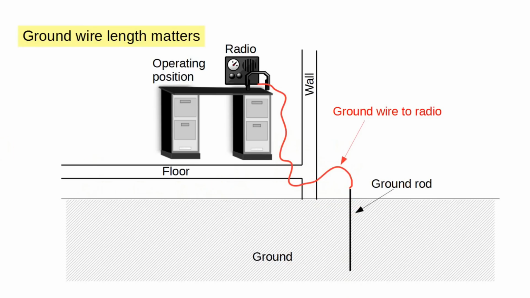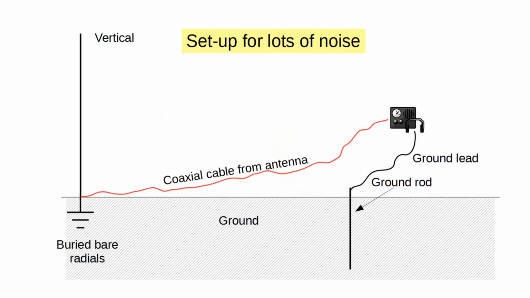Now here is an example of something that actually happened to me. I had rehabilitated a vertical, the HF9V, and it had some buried bare radials, which gave it an excellent ground. Plus I had a whole bunch of insulated radials on the surface. I thought this is going to be one fantastic antenna. So I ran the coax about 100 feet to the radio and got incredible amounts of noise.